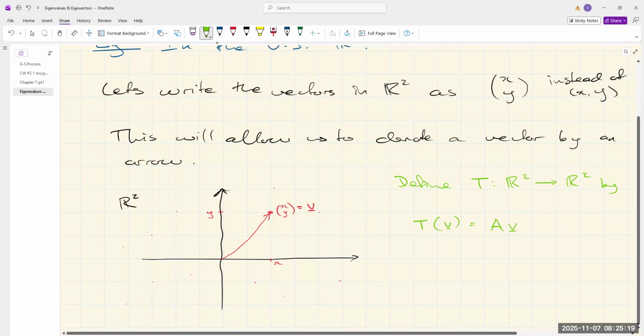That's a matrix, where the vector V is given by x, y, and A is a 2 by 2 matrix, a, b, c, d. If we take a 2 by 2 matrix and multiply it by a 2-row, 1-column vector, the answer will also be 2 rows, 1 column. Let's denote the answer by x prime, y prime.